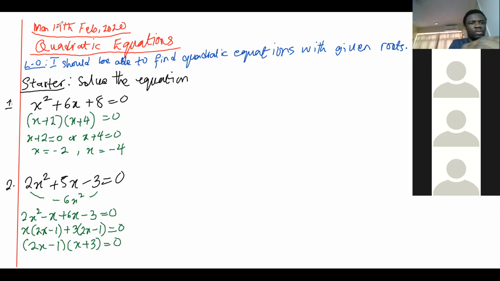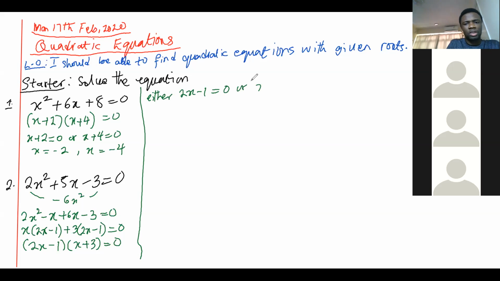Okay, so from this point, we say, for the product to be 0, either 2x minus 1 is equal to 0 or x plus 3 is equal to 0.